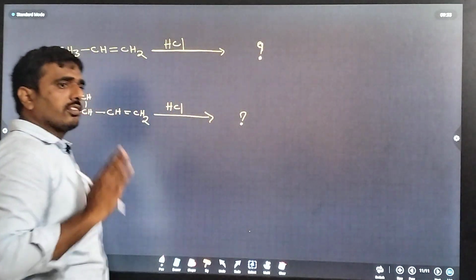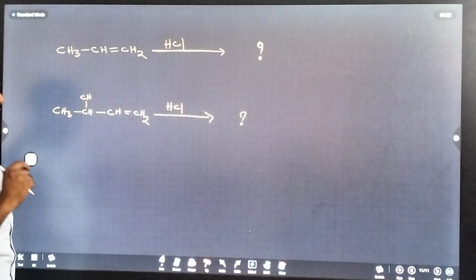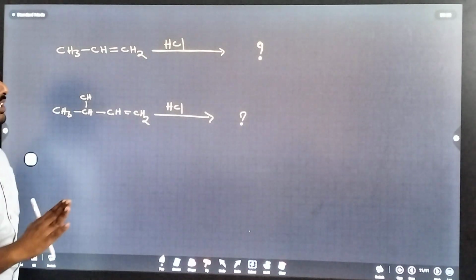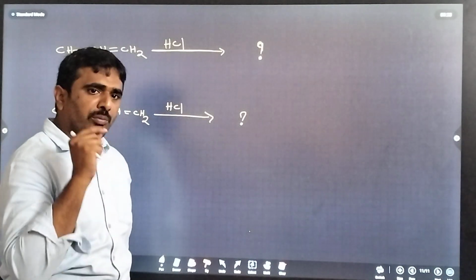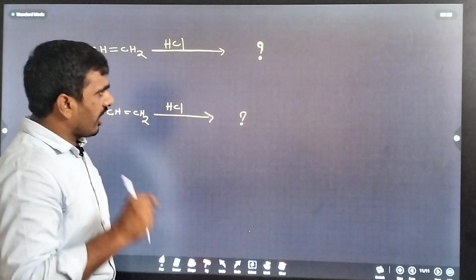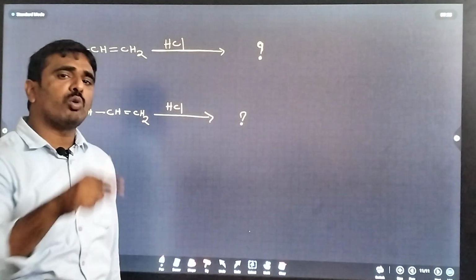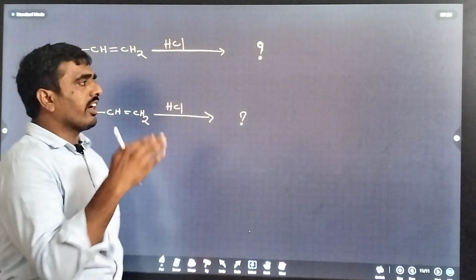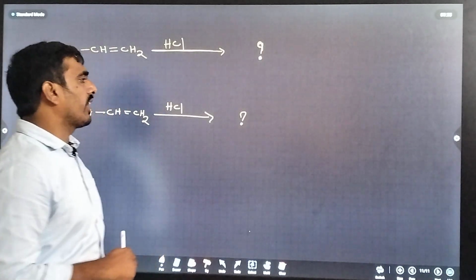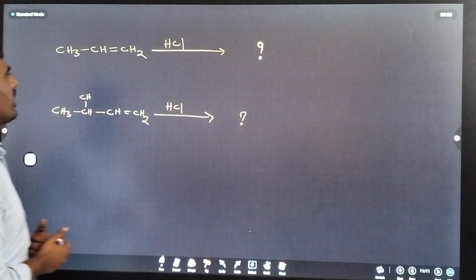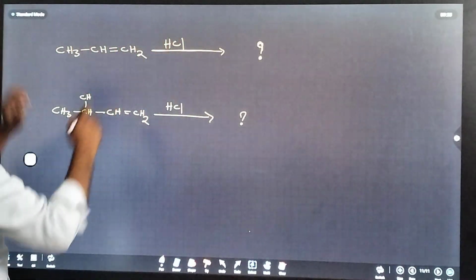In this reaction, addition to alkenes, a carbocation is formed as an intermediate. In any reaction where a carbocation is formed as an intermediate, carbocation rearrangement can take place, and a less stable carbocation rearranges to a more stable carbocation.